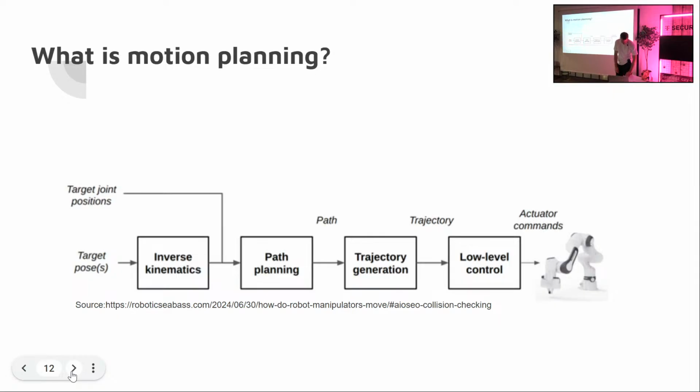But for us, what is important, motion planning is 4 steps: inverse kinematics, path planning, trajectory generation, and low-level control.